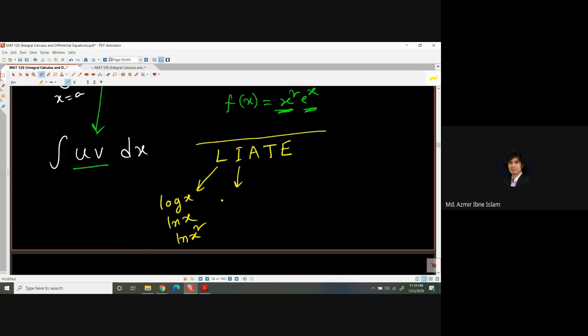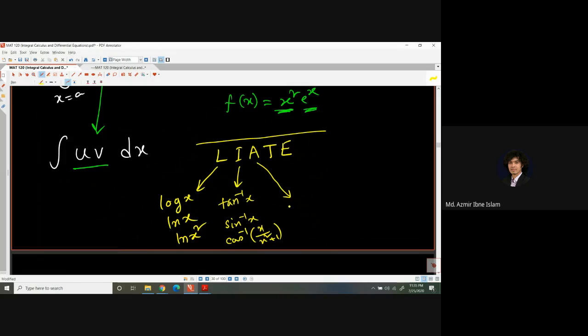I means inverse trigonometric function. That means tan inverse x, we may have sine inverse x, we may have cosine inverse x over x squared plus 1. This type of function falls under the inverse part. So I stands for inverse trigonometric function.